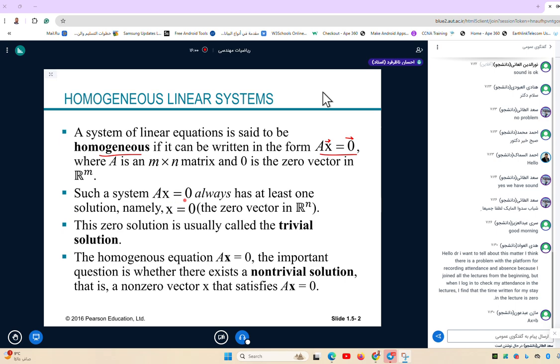This always has a solution, because if you replace x with vector 0, that would be one solution. This solution is called a trivial solution. But the important question is to find the non-trivial solution, I mean, other than 0. If there is another solution other than 0, we are asked to find that solution.